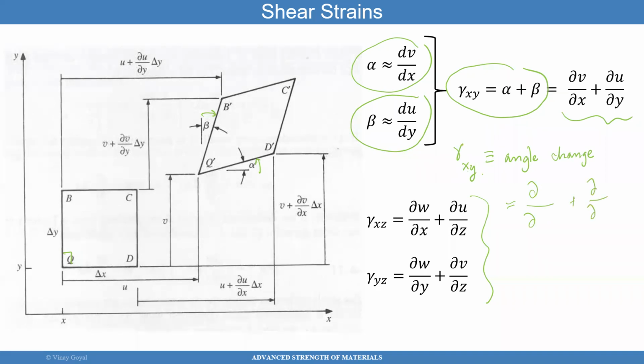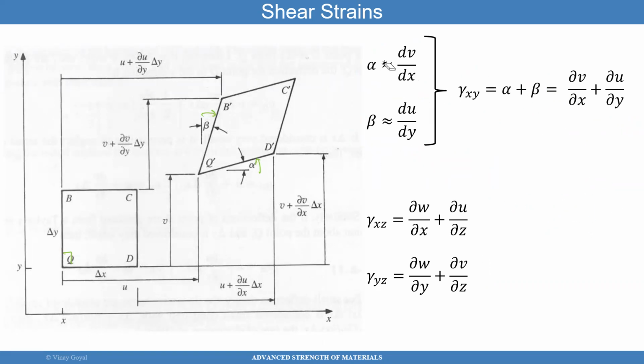I know it's x and y, so I'll put x and y. And then on this one, I will put v, because that's the deflection in the y direction. And here I'll put the deflection u, because that's the deflection in the x direction. That's the way I memorize it. You can do it other ways. But that explains physically what that shear strain is. It tells you exactly what it is in terms of the physics of the problem.